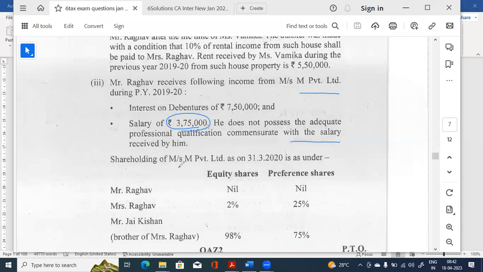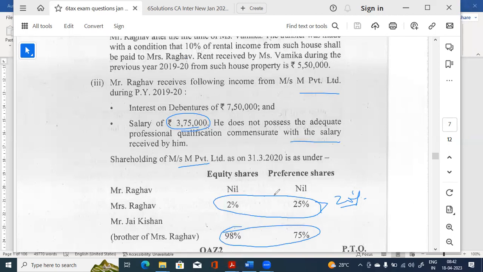But below they have given the shareholding pattern, where Mrs. is in C, so more than 20% holding is there. We saw only this, but here, he doesn't have anything, but she has more than 20%.